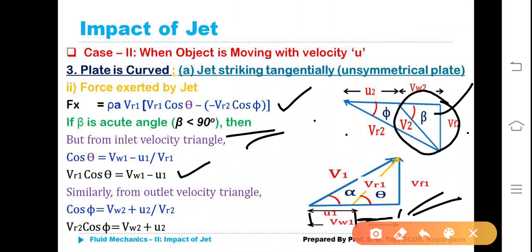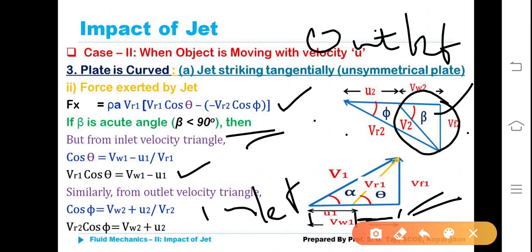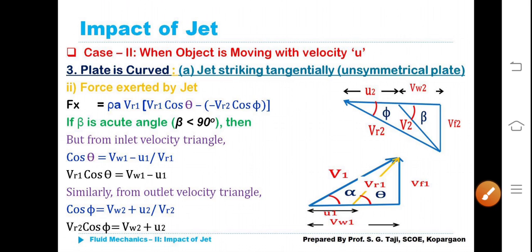Similarly, from outlet velocity triangle, this is inlet velocity triangle, this is outlet velocity triangle. Cos phi is equal to, in the similar way, Vw2 plus u2 divided by Vr2. Therefore, Vr2 cos phi is equal to Vw2 plus u2. Is it clear? Next.